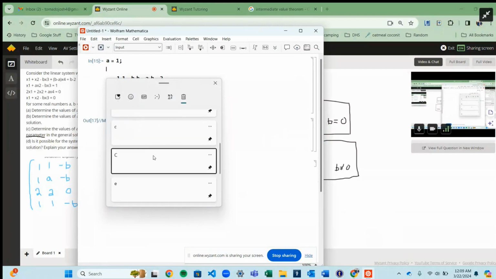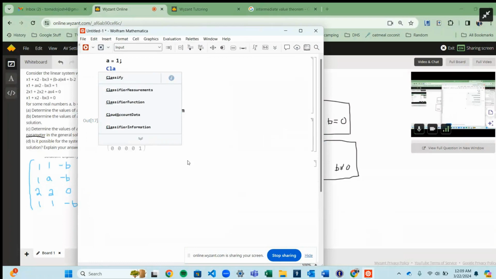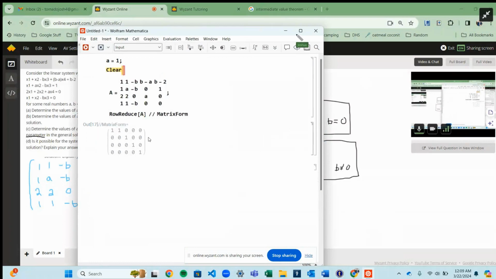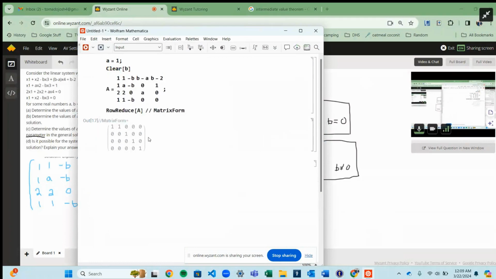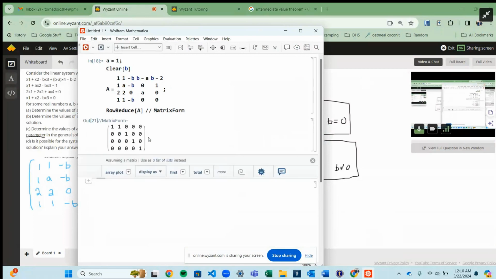All right, so clear B. So this makes sure, because you notice how B is black, so it thinks that it's still in the system, that B is an actual number. So yeah, notice this light blue. That will make sure that it's not a real number anymore.